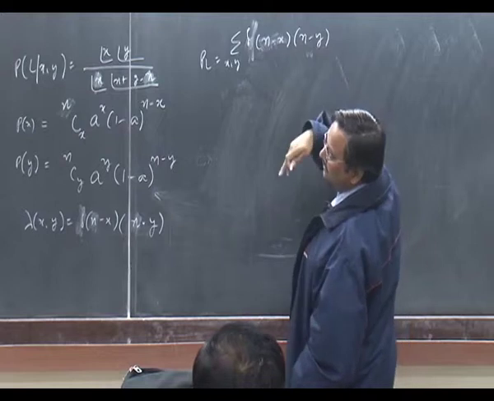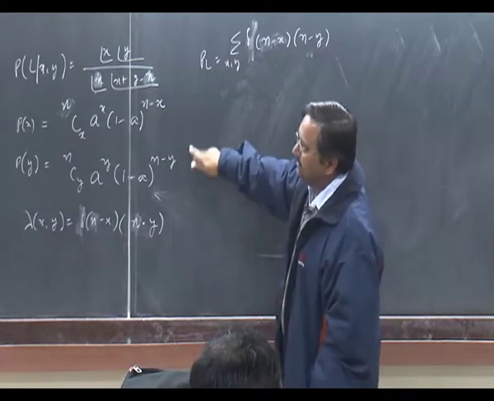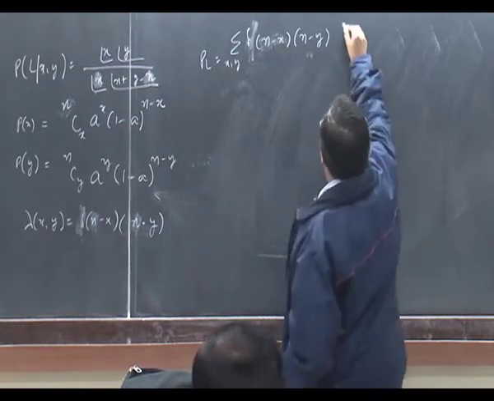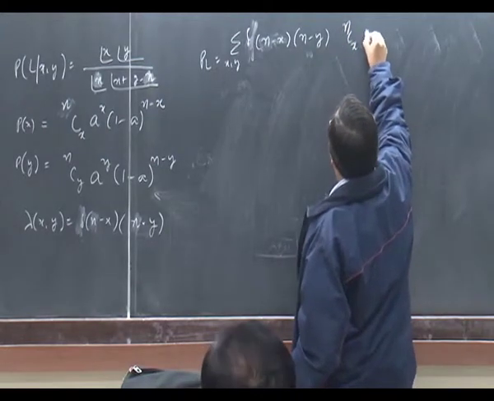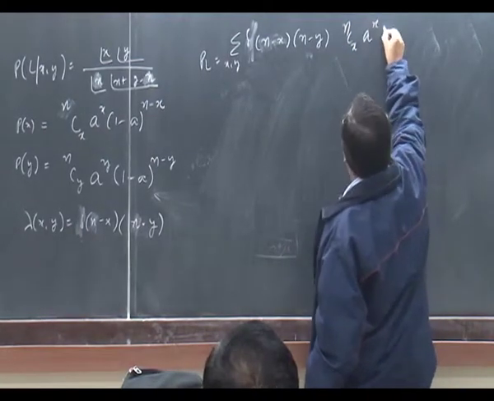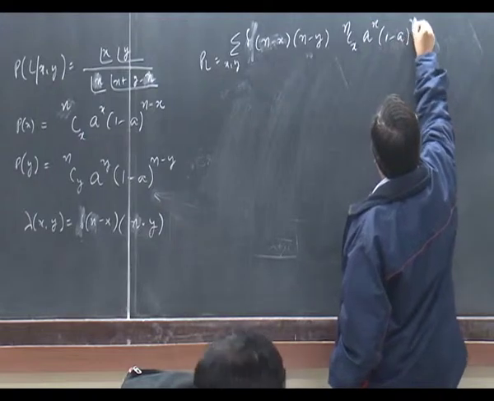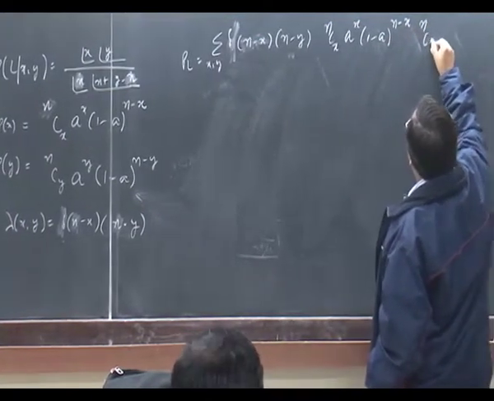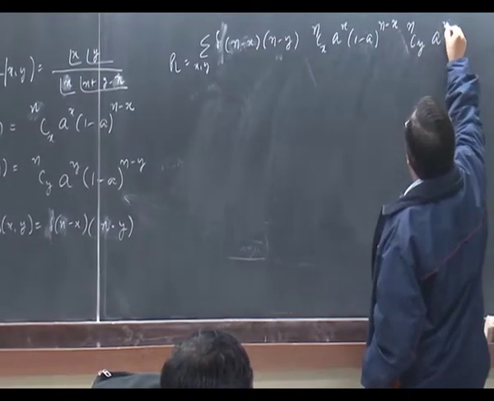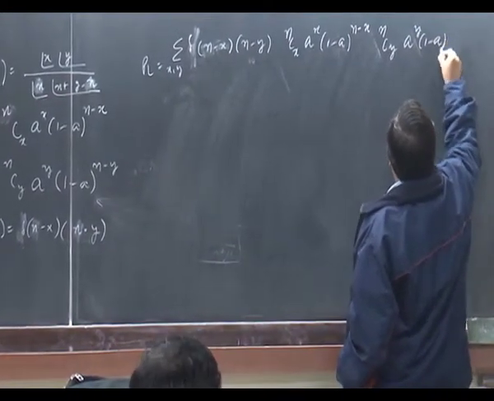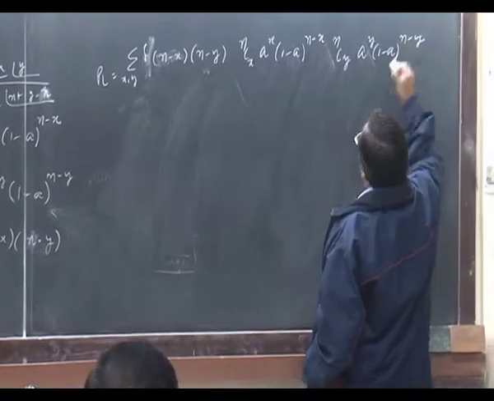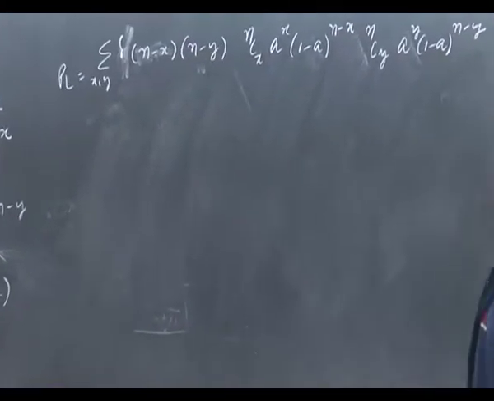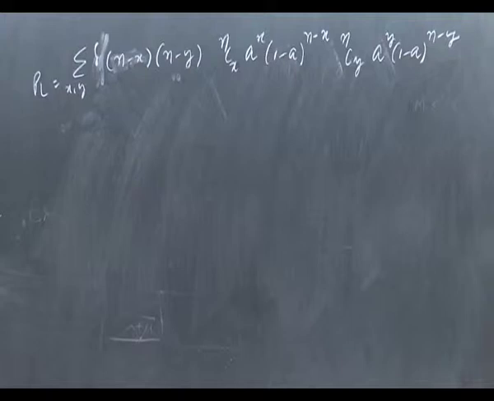Now let's put P of sigma, which is the multiplication of these two. X and y both are independent. So I have done this Px Py.